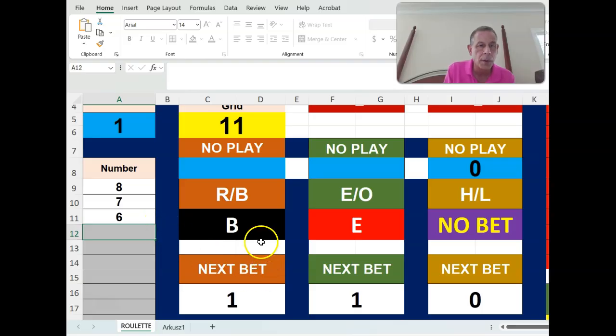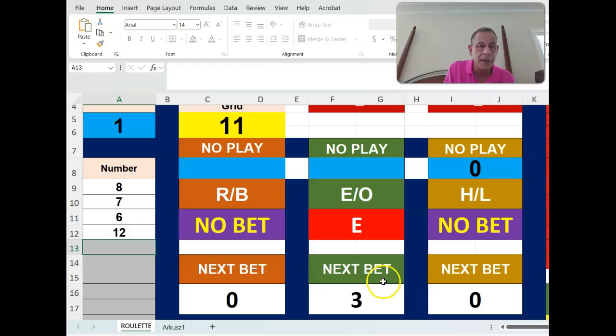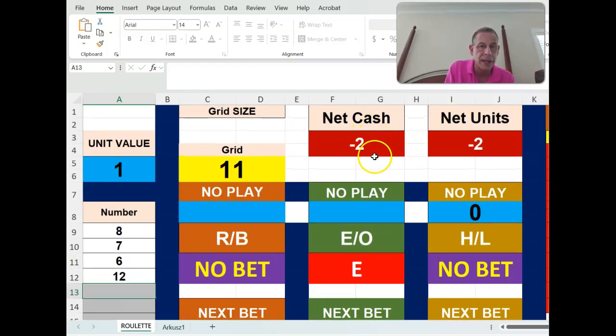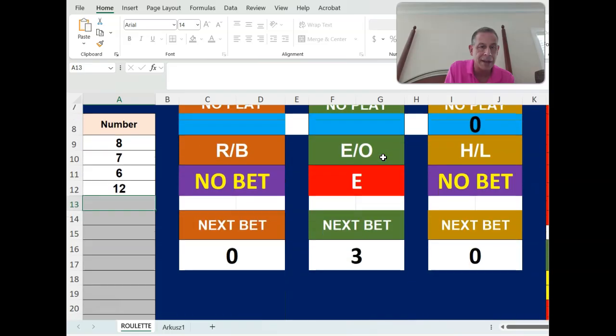All right, so we're betting on black and even again, right? Black and even, and the next result is a 12. All right? So we're back on a no bet on the red black, but we're making a 3 unit bet on the even, and we're still down 2 units here as a net, right? So no bet here, but we're betting on even now.